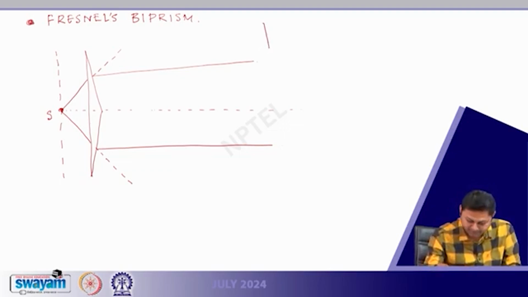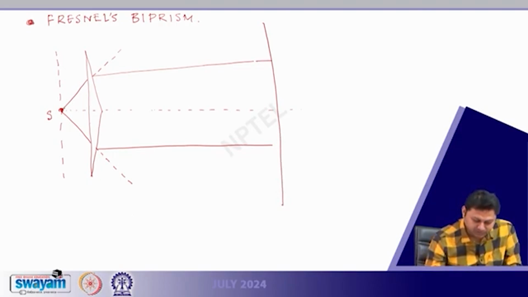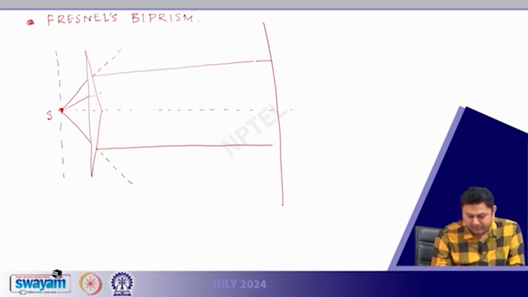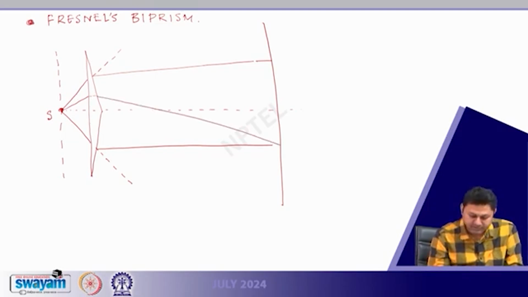And suppose we have a screen here. So one light also will come here, goes like here, and then comes in this direction.